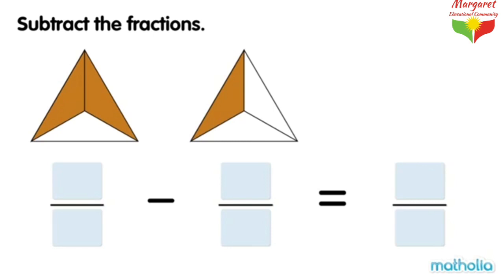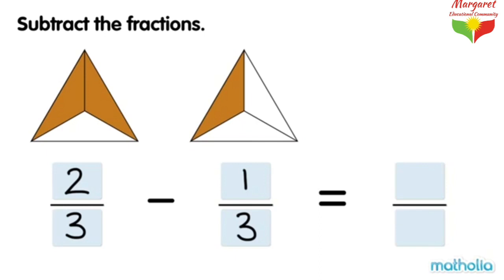Subtract the fractions. This triangle is divided into 3 equal parts. 2 parts are shaded. 2/3 of the triangle is shaded. This triangle is also divided into 3 equal parts. 1 part is shaded. 1/3 of the triangle is shaded.